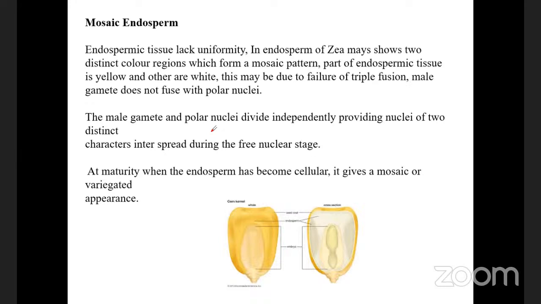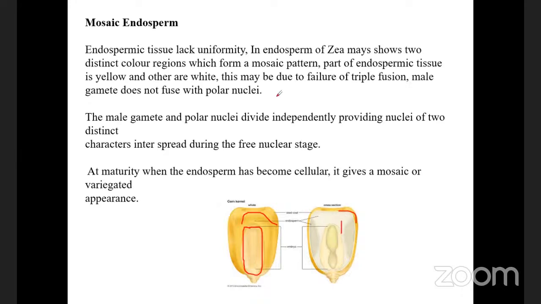That means not one specific type of endosperm. Okay, there is no uniformity. Some of the endosperm tissues are yellow, and some of them are white, in different colors, yellow and white.